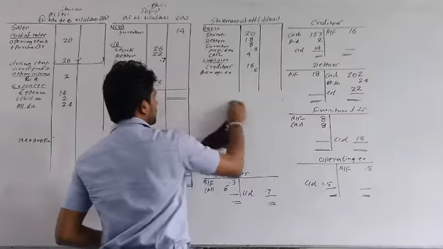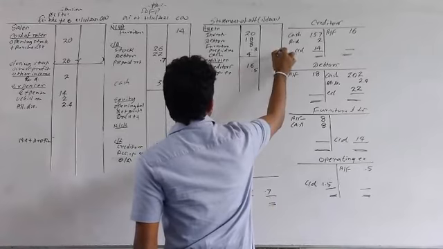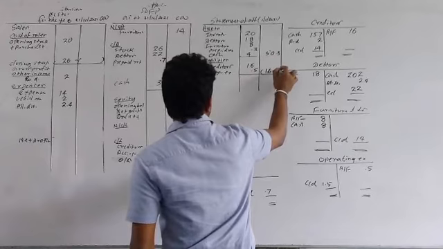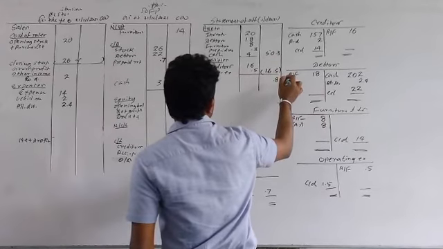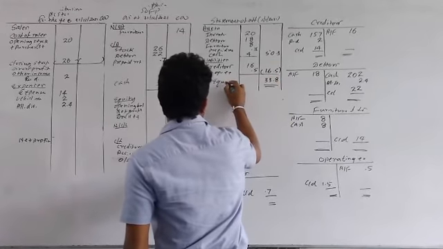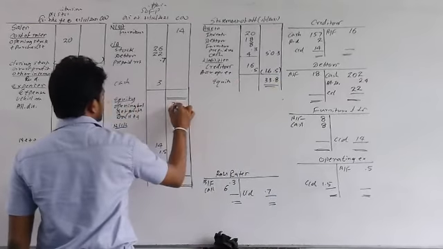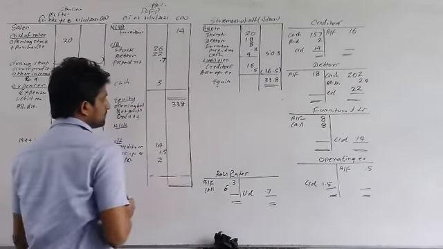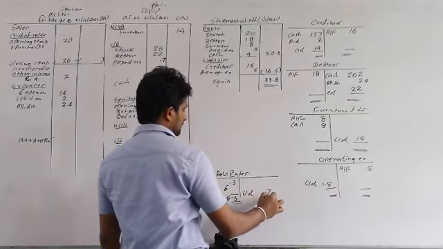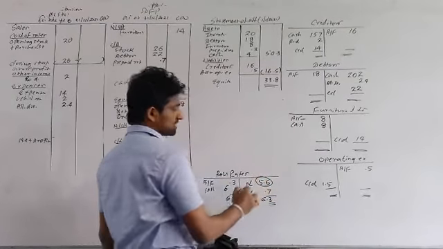Balance this statement of affairs. 50.3, 16.5, actually 3.8. So rent and rates 6.3 minus 0.7, 5.6.